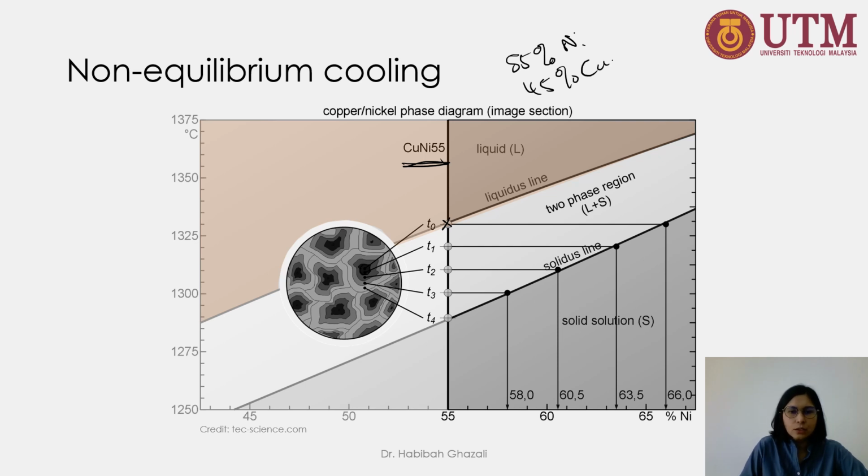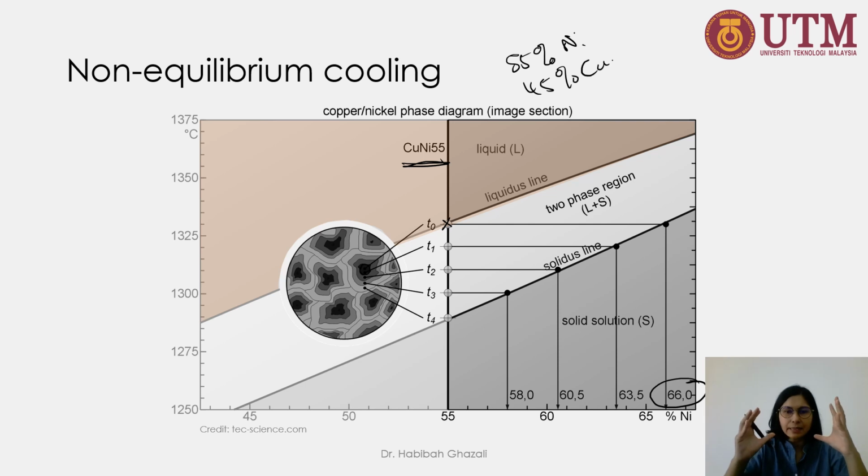This nucleus has a composition of 66% nickel. The second layer will form next to it, around it. So we have the nucleus, and then the atoms will start to attach themselves on that nucleus.